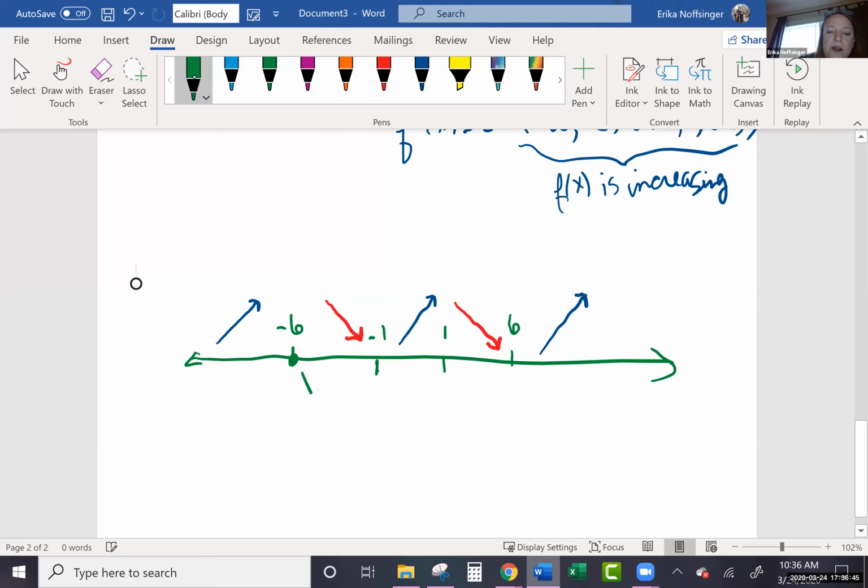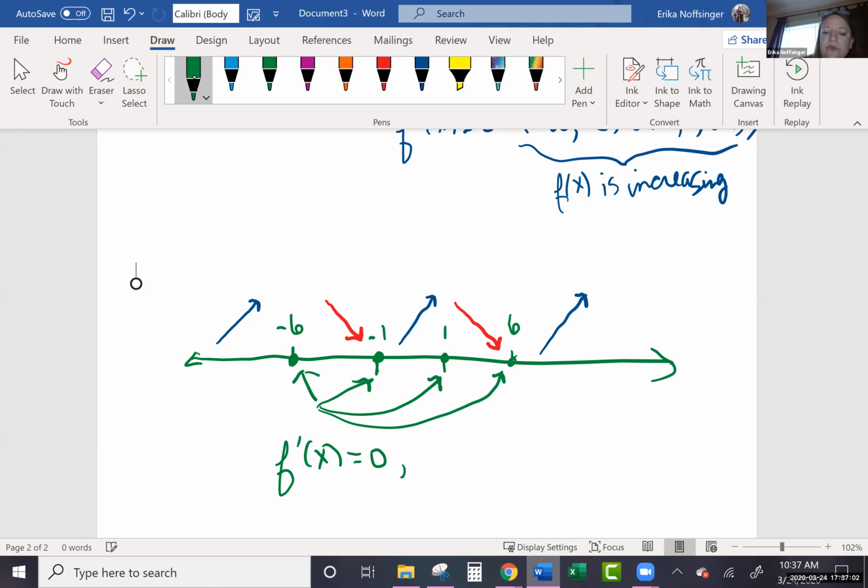These were values where f prime of x equals 0, so these are sometimes max or mins.